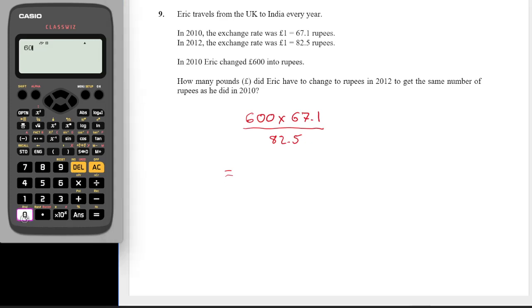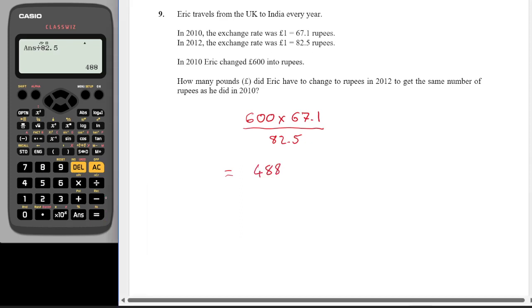So 600 times by 67.1, divided by 82.5, and that's going to give me 488.